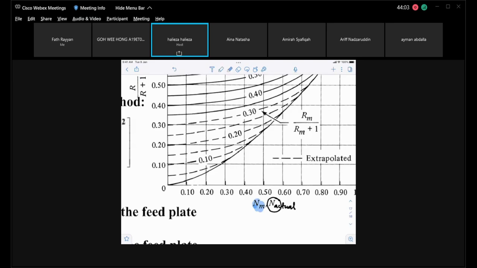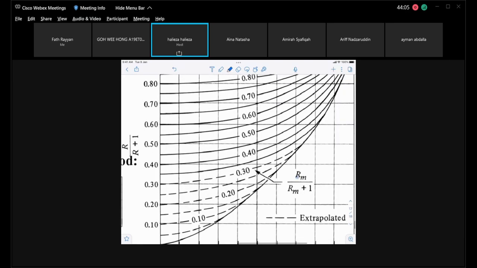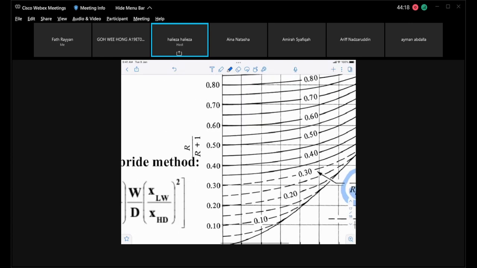Now what you have is R min. You calculate this equation in order to know which curve you're going to use in this example. And then you're also going to calculate the y-axis, R over R plus 1. You do know what R is, because the statement said that your actual R is 1.5 times R min, and you already managed to get R min.